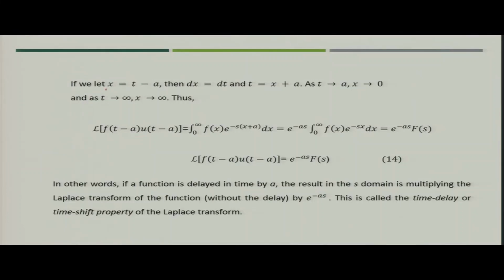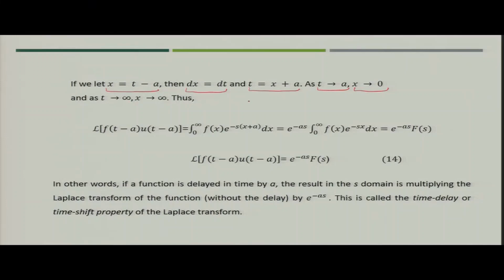Now, let us assume that x is another variable which is equal to t minus a, then your dx will become dt and t will be x plus a. So, as t tends to a, x will tend to 0, and as t tends to infinity, x will also tend to infinity.